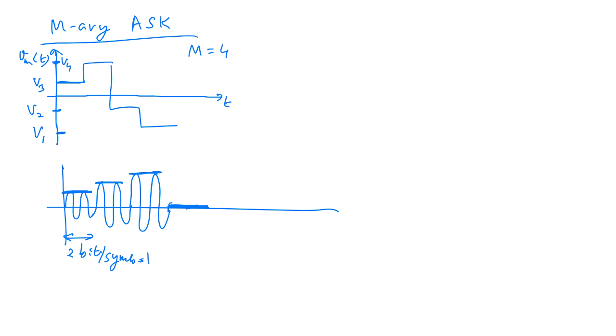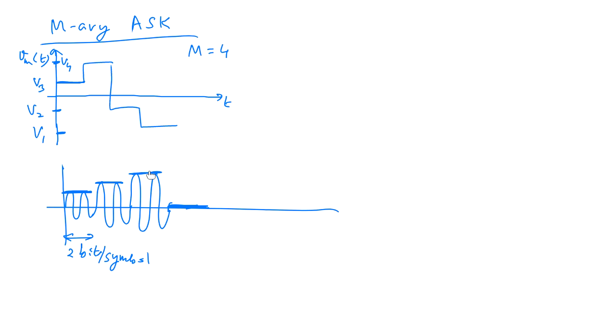So in general, for M-ary ASK, you need 4 amplitude levels of the carrier signal after modulation. And generally what we do is one of the amplitude levels, we keep it as 0 volt, and the remaining m-1 amplitude levels will be used with non-zero voltage levels.